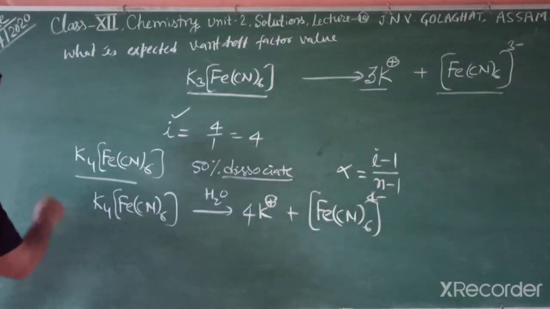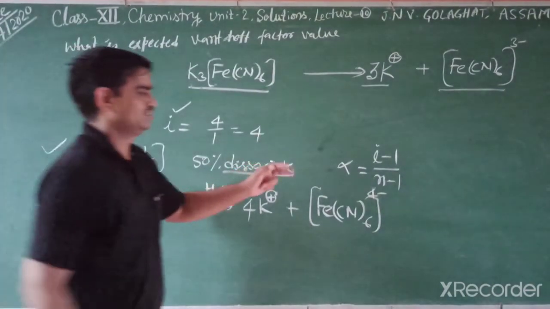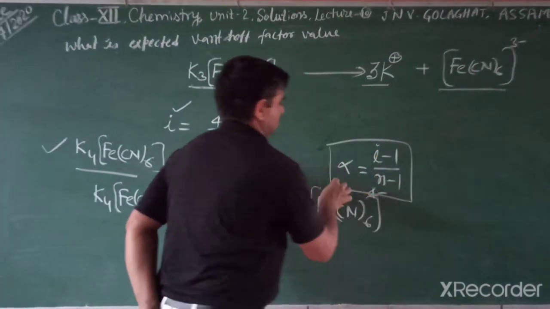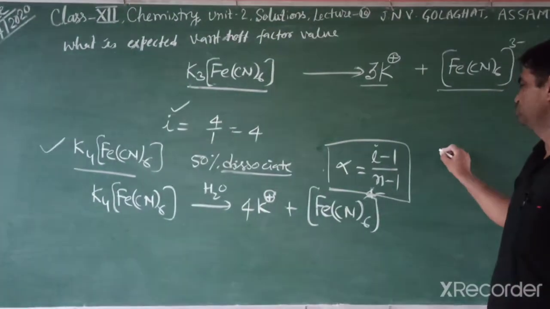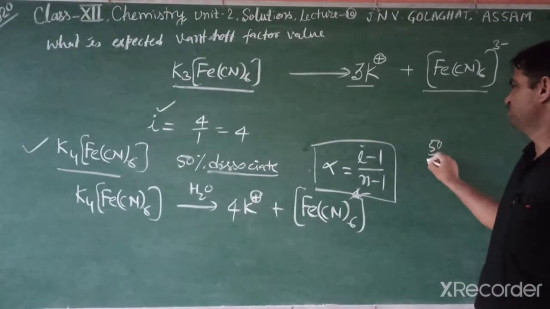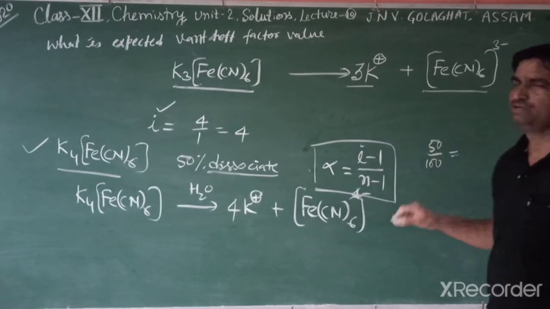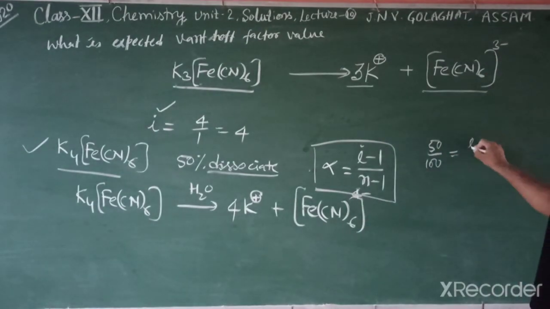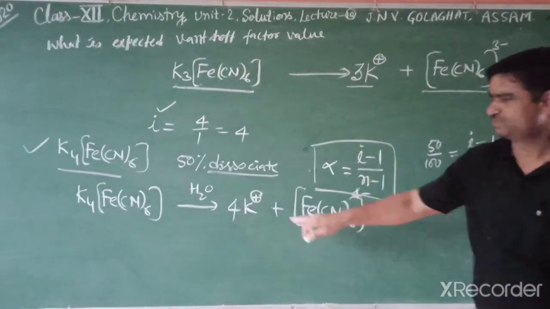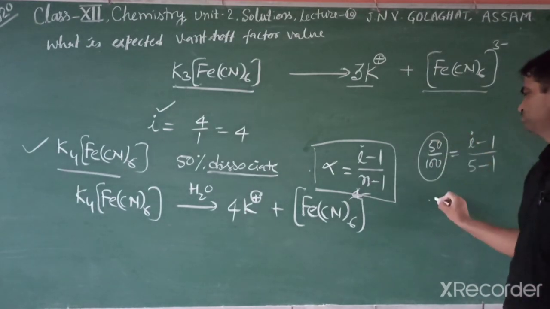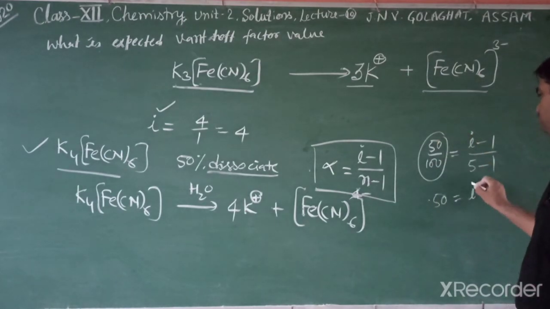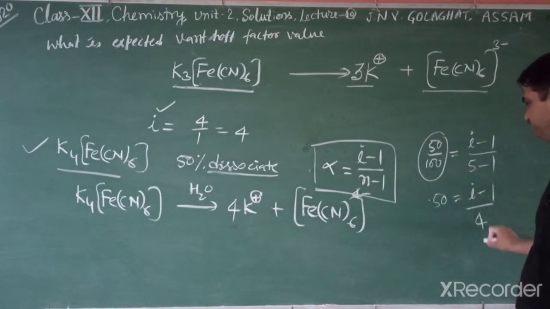But if it is 50% dissociated, then we write by this formula: alpha is equal to i minus 1 divided by n minus 1. So alpha for 50% is 50 by 100, which is 0.50. i, the Van't Hoff factor, we have to find out, and n is given: 4 plus 1 means 5, 5 minus 1. If you solve, 0.50 is equal to i minus 1 divided by 4.